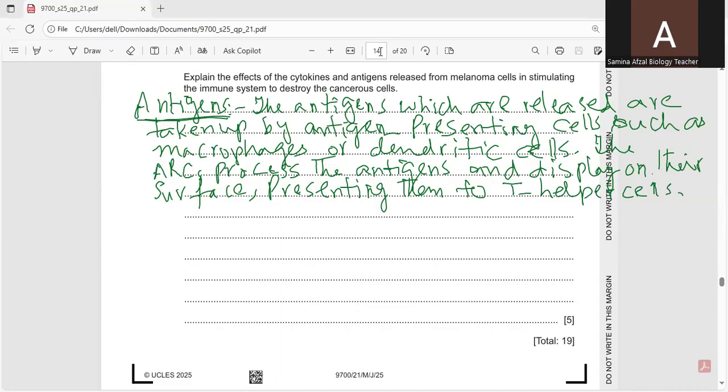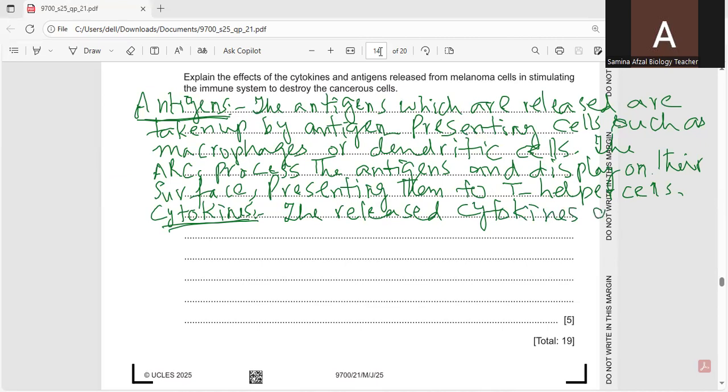And then the role of cytokines. So the released cytokines act as signaling molecules.